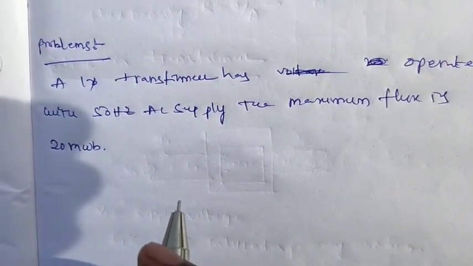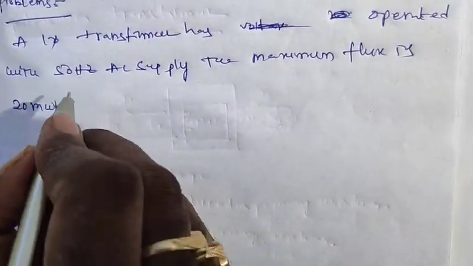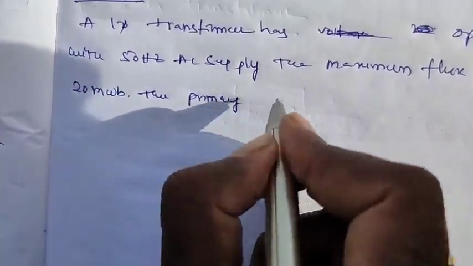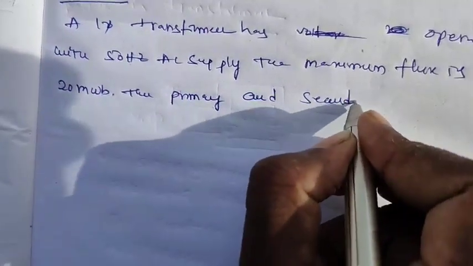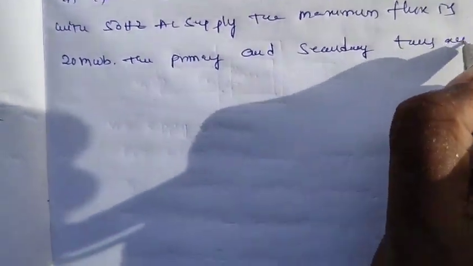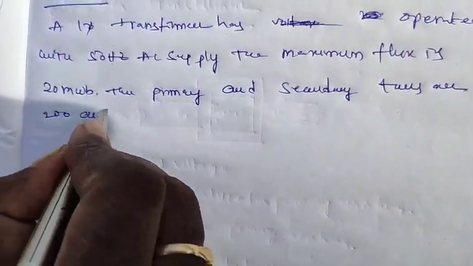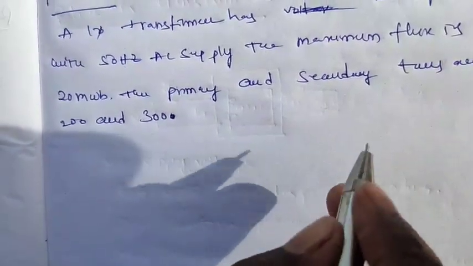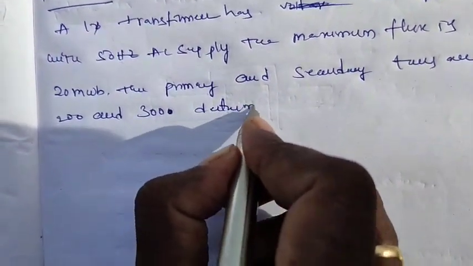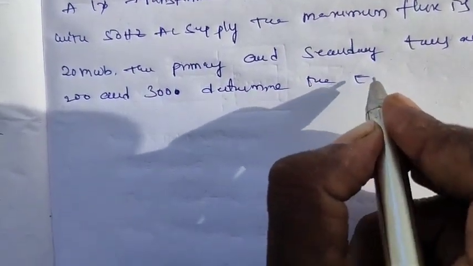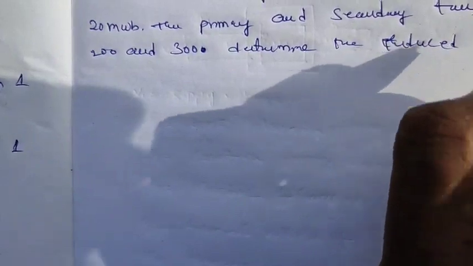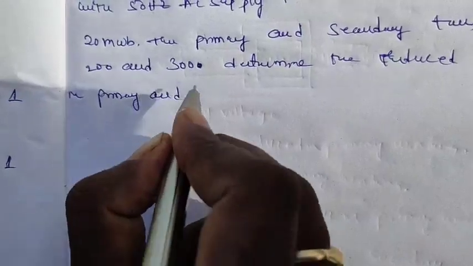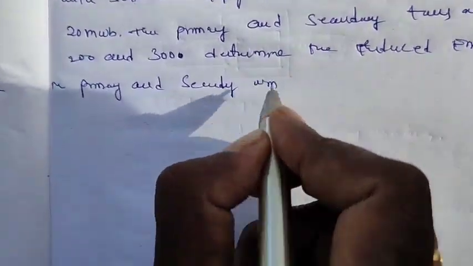And the primary and secondary turns are 200 and 300. Determine the induced EMF in primary and secondary winding.